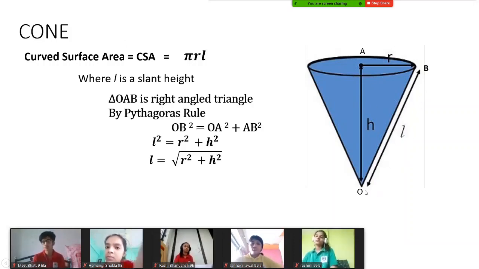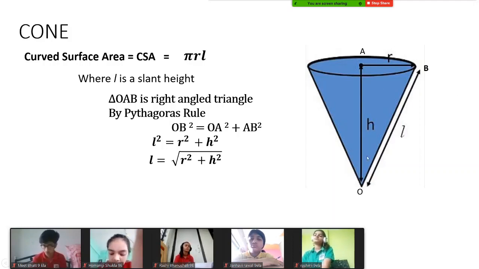I have taken this point as O, the center point of the circular part as A, and the end part as B. So what type of triangle does OAB form? OAB is a right angle triangle, and therefore this cone is sometimes also called a right circular cone.